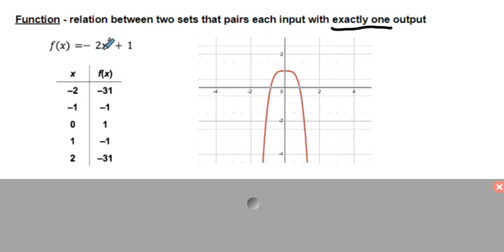So when you put negative 2 in here, you would have negative 2 times negative 2 to the fourth power, because you substitute this in for whatever x is. Negative 2 to the fourth power is 16, 16 times negative 2 is negative 32, and you have negative 32 plus 1. And that's how they got negative 31.